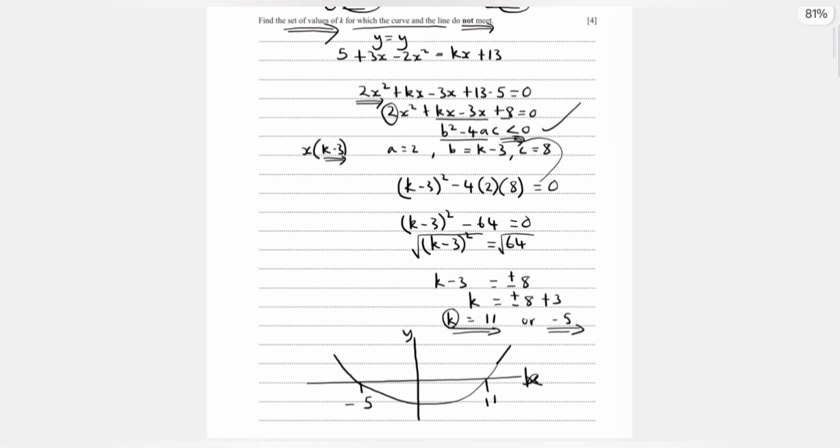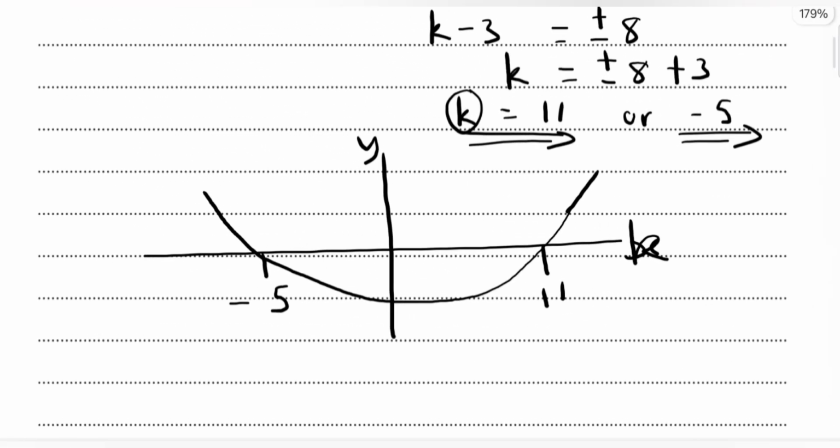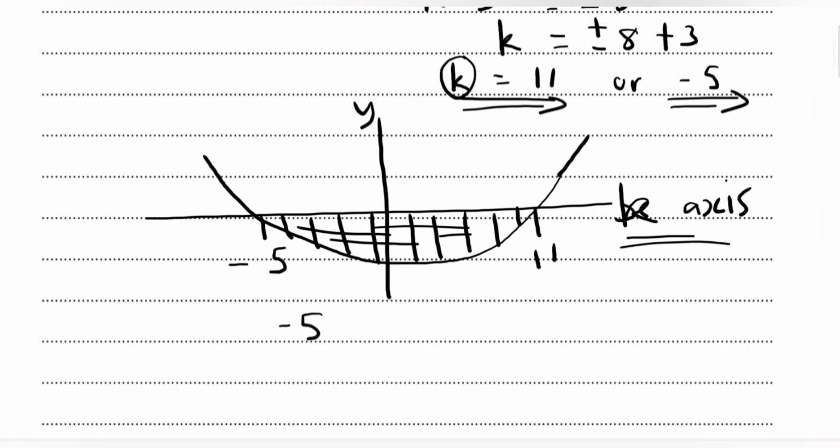So if there is a less than, it means we are dealing with this region that is beneath the k-axis in this case, right? This region that is below the horizontal axis, like that, right? And we can see that for us to get a region where we have this, it's from minus 5 to 11, right? So writing that down, we just put it like this, right? Because we're going from minus 5 through to 11, right?